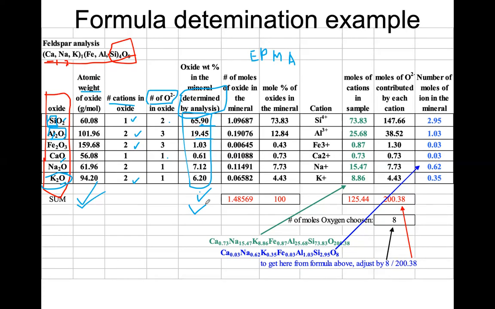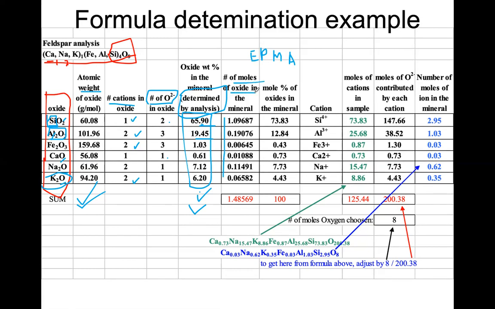in the mineral. Okay, so you divide the weight percentage by the atomic weight, right? Then you will end up with some numbers which indicate the number of moles of oxide, because we divided it by the atomic weight.